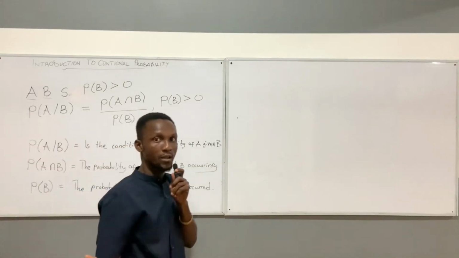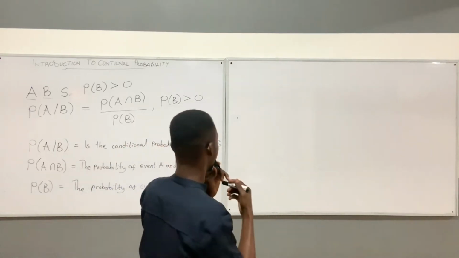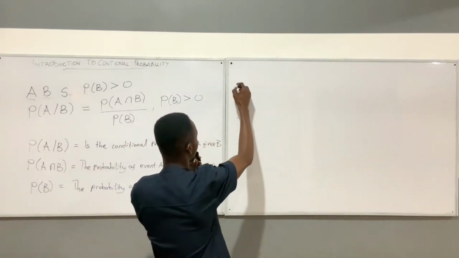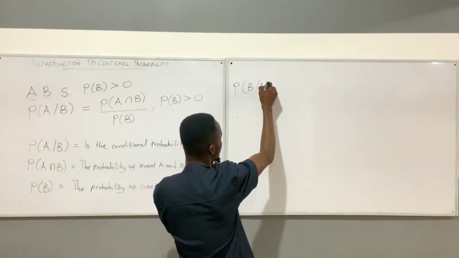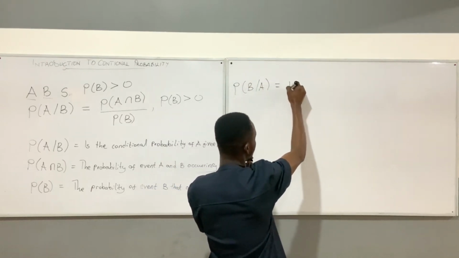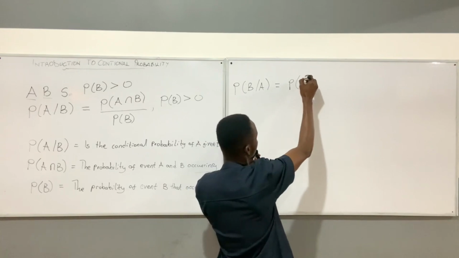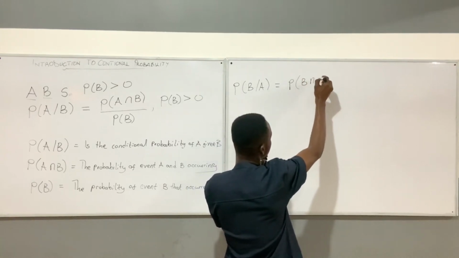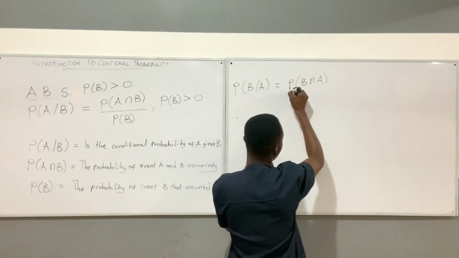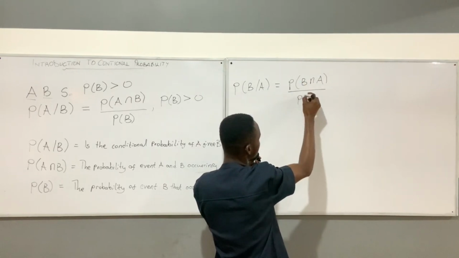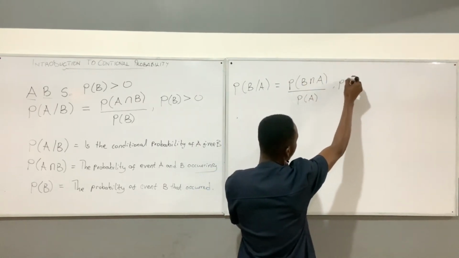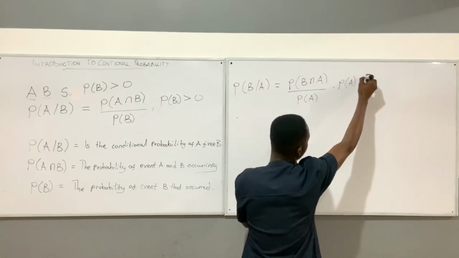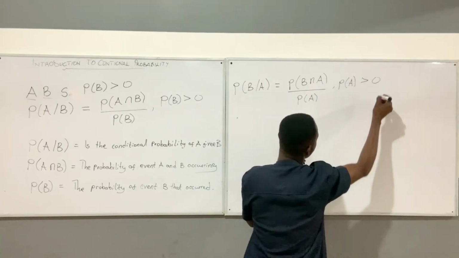In the same way, we can change the variables, and when I do that, I get the conditional probability of B given A, which is P of B intersection A, divided by the probability of the event A, given that the probability of A must be greater than 0.